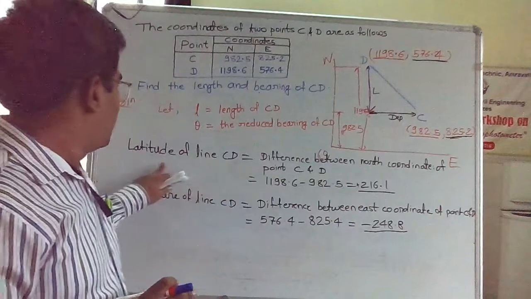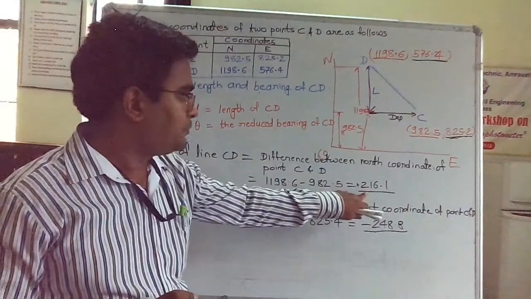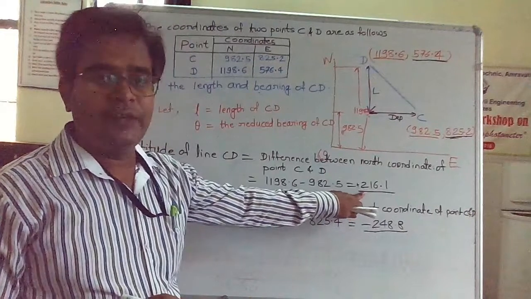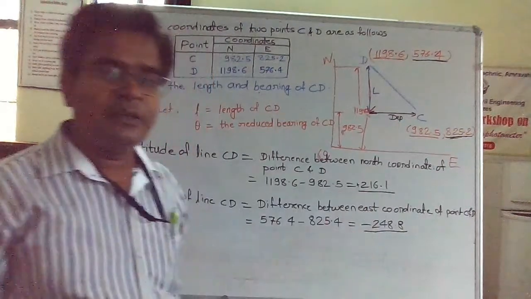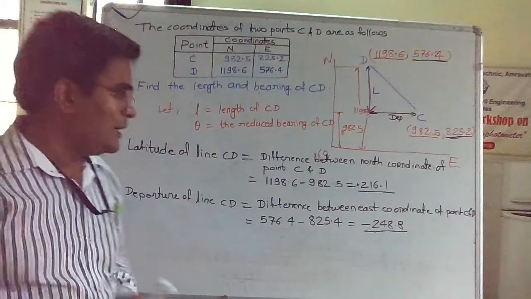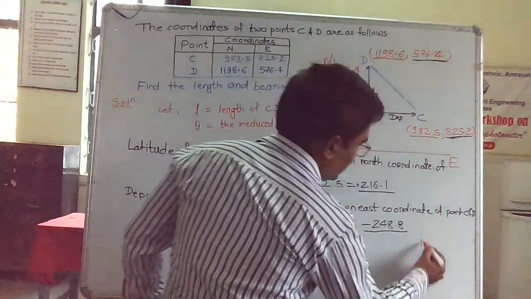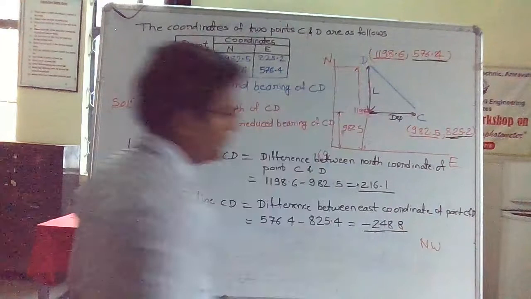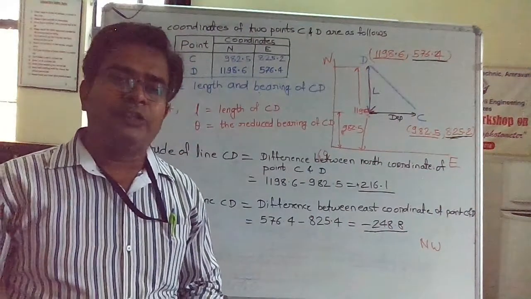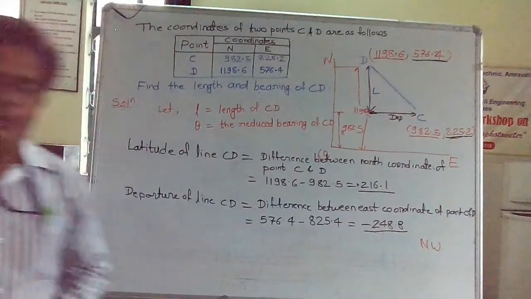Here the latitude of line CD is plus, so it is along north, and the departure is minus, so it is along west. So our line CD is lying in the northwest quadrant, because latitude is plus and departure is minus.